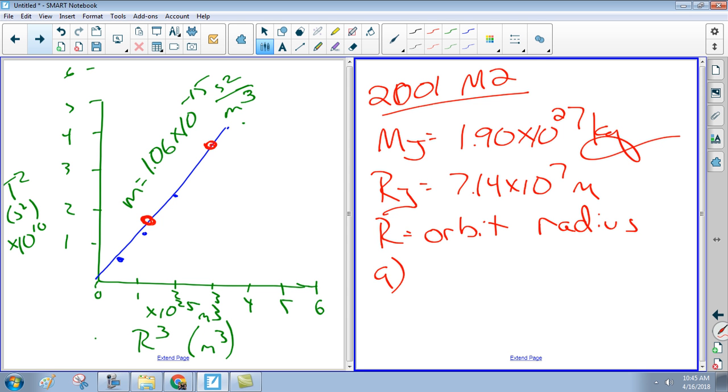All right, so if you do that, the answer you get is not on this piece of paper. 2001, there we go. So you get 1.59 times 10 to the 8th meters. Good?